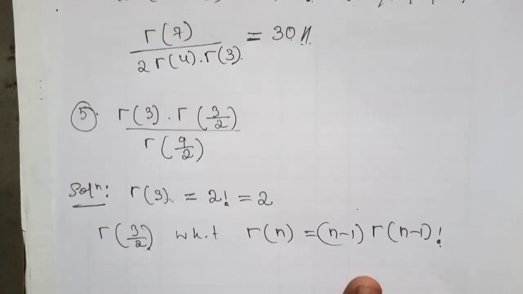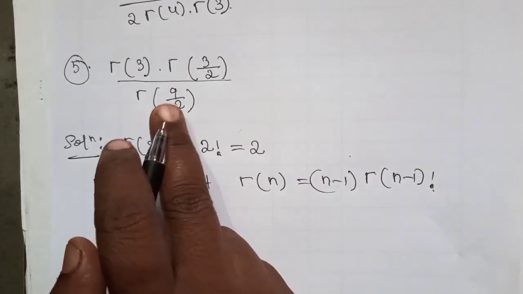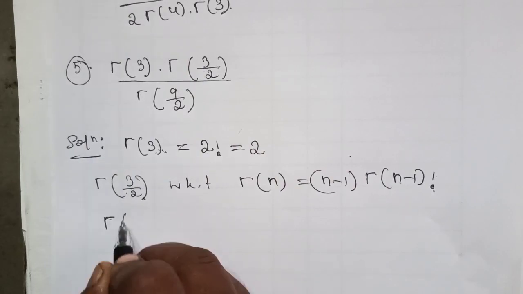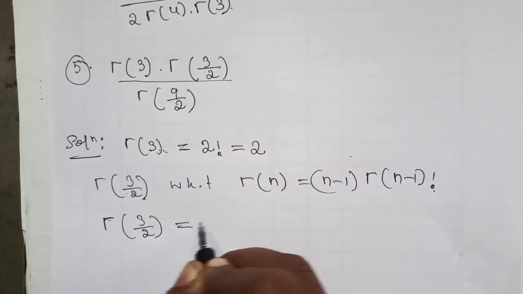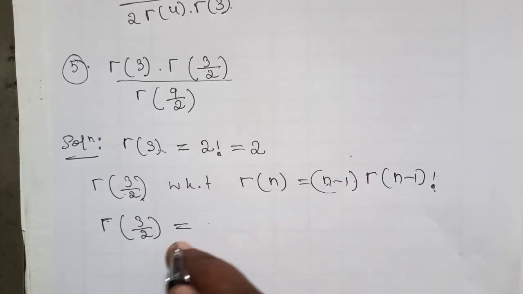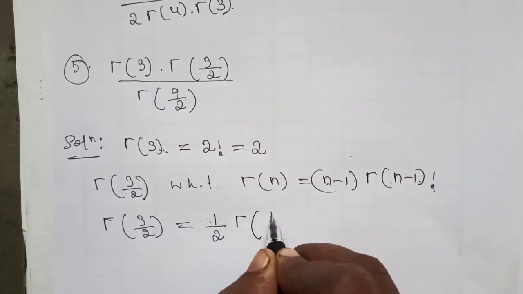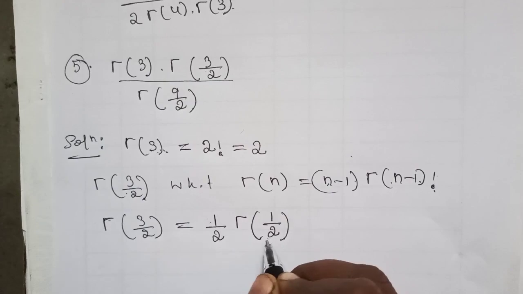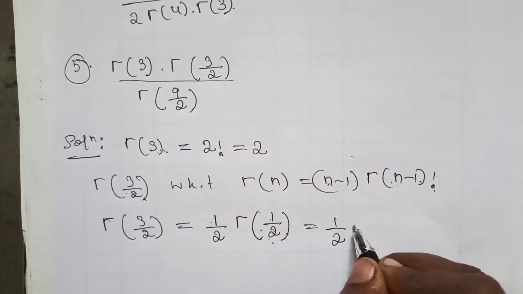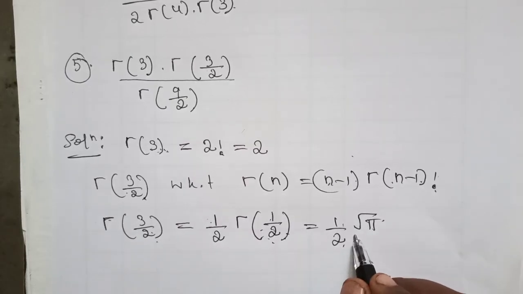So gamma of 3 by 2 can be written as: n minus 1 means 3 by 2 minus 1, which is 1 by 2, into gamma of 3 by 2 minus 1, which is gamma of 1 by 2. Gamma of 1 by 2 value is root pi. Therefore gamma of 3 by 2 value is 1 by 2 into root pi.